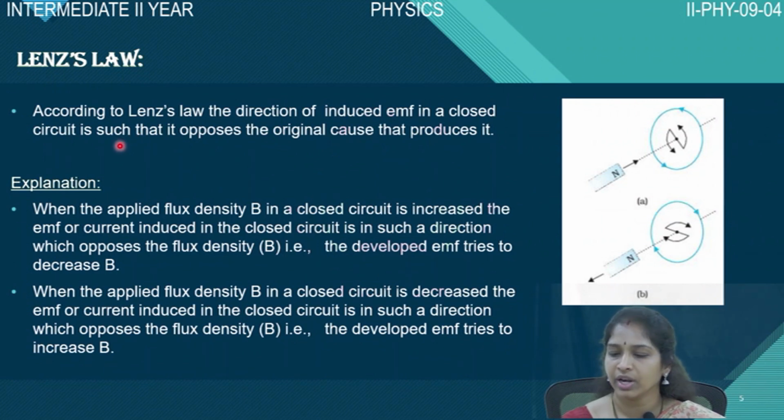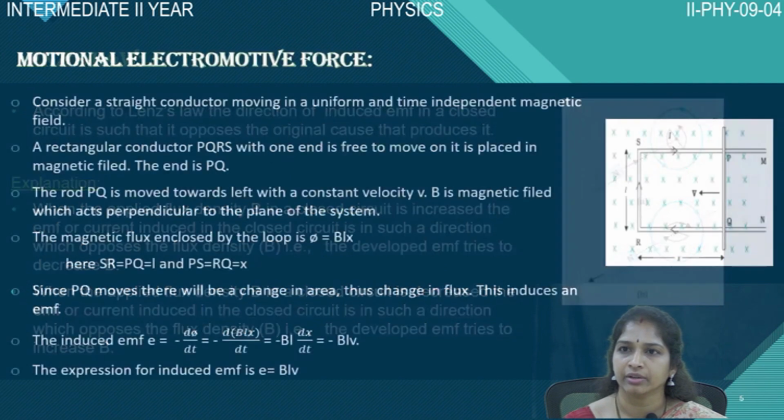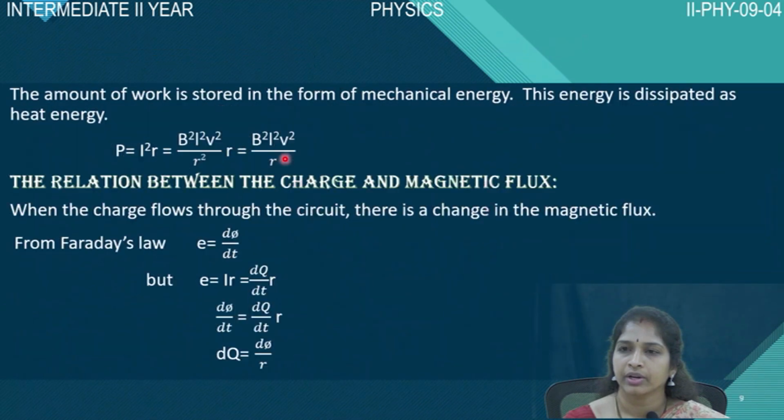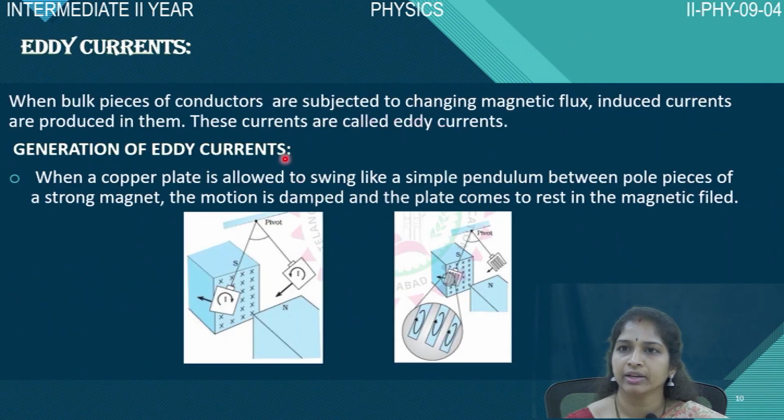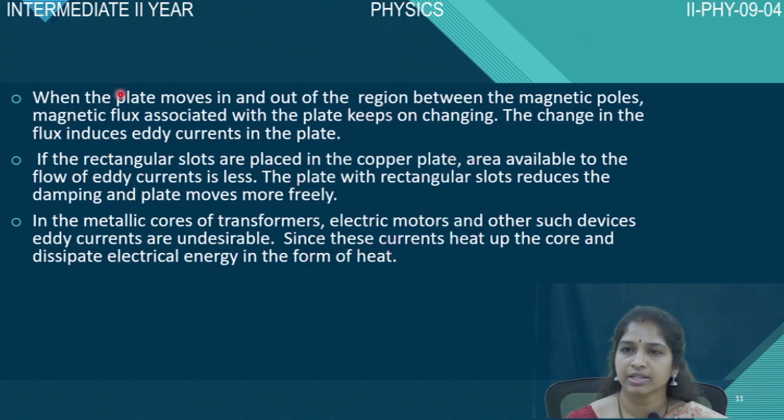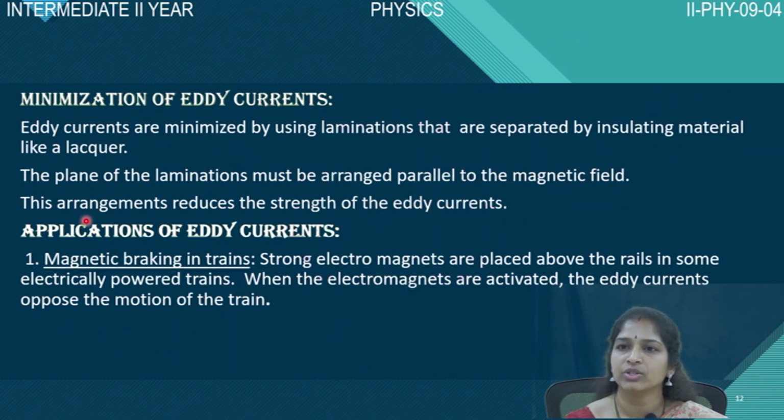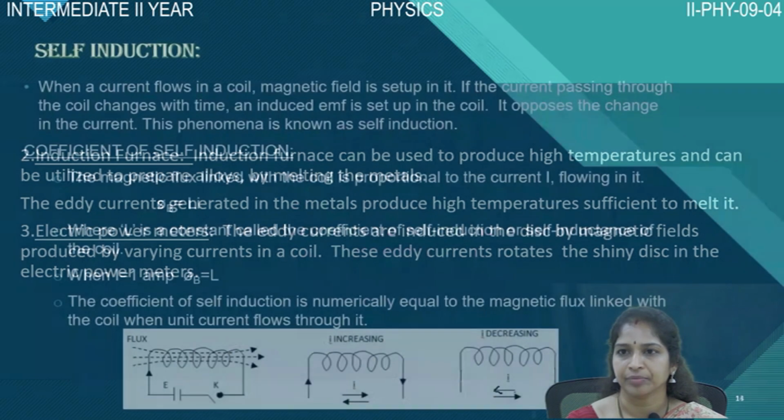According to Lenz law, the direction of induced EMF is such that it opposes the original cause that produces it. They can also ask you to write what eddy currents are, and applications of eddy currents. Any two applications they can ask.